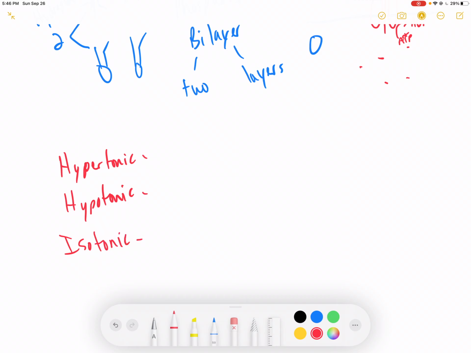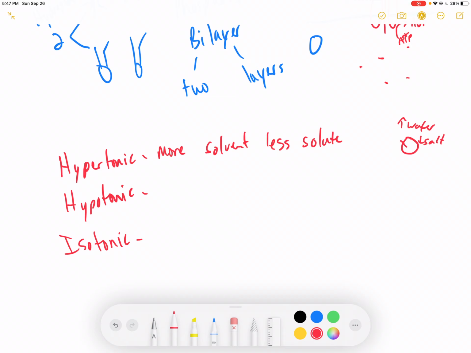So hypertonic, okay? Hypertonic, we're going to have more solvent and less solute. That's what that means. So remember our little cell here. We're going to have more water than salt. So less water, more water outside the cell.